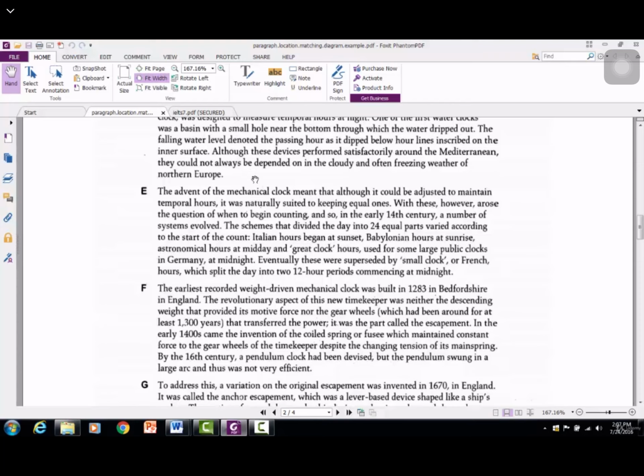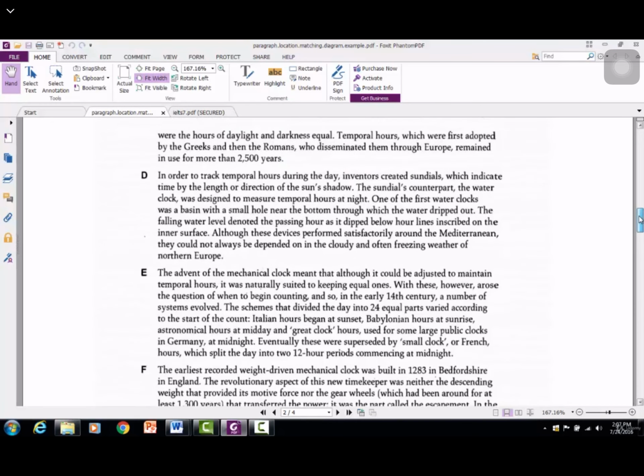When you look at paragraph F, you do see the word timekeeper, right? But you don't just pick an answer because you see the same word. There's no mention in this paragraph about cold temperature, and so that's why paragraph F cannot be the right answer for this one. We need a paragraph that's talking about cold temperature. All right, E, F, G are out.